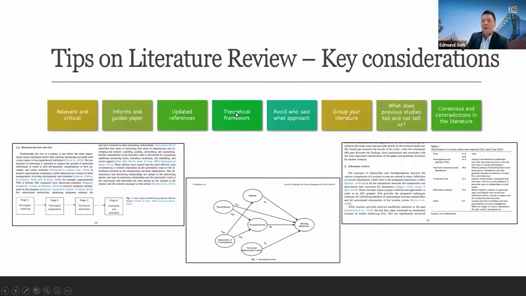Theoretical framework is something that I normally advise to use. You can show a theoretical framework or a diagram or a series of steps or stages, like what I've included here, to help position and guide your literature review.